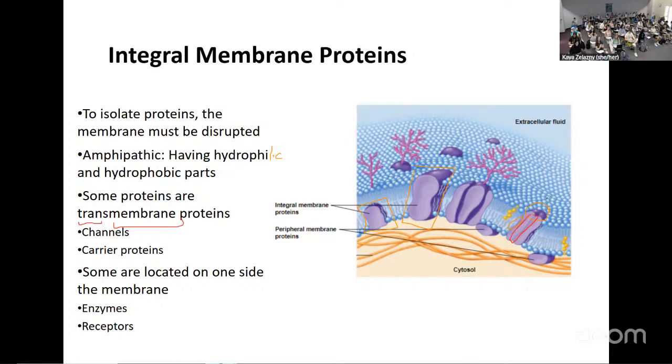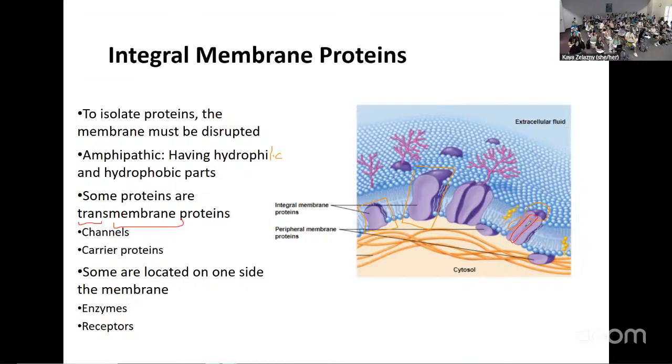So we know we got a polar part on the outside and on the inside where we're touching water, so our hydrophilic part. We know we have a non-polar hydrophobic part where we're touching the phospholipid fatty acid tails. And then in the center of a channel, or in the case of some other types of protein carrier, it's going to be doing other types of transport.